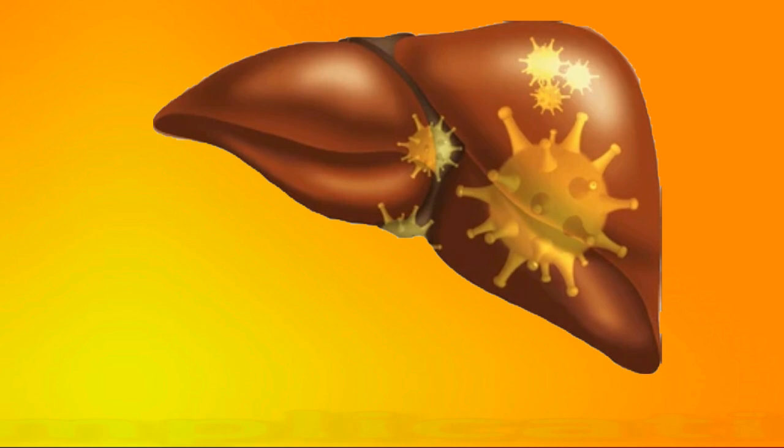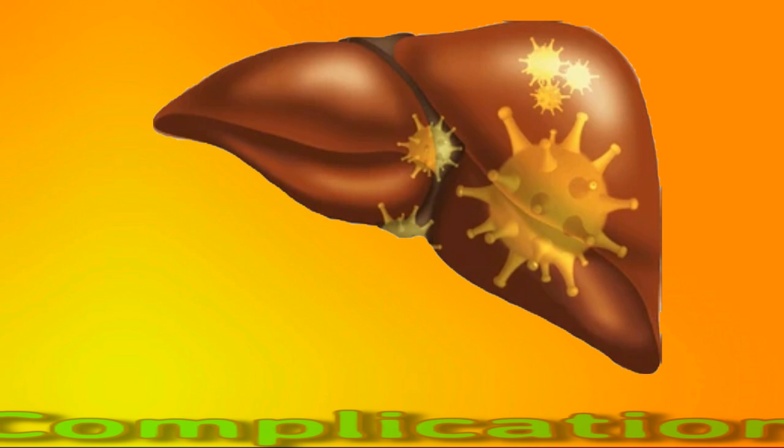Complications. Increased blood pressure in the portal vein can lead to varices in the esophagus or stomach. These enlarged veins may rupture, causing internal bleeding, bloody stools, or anemia.